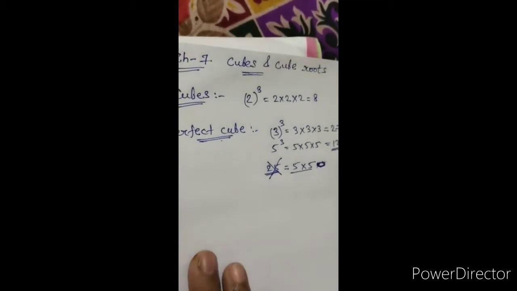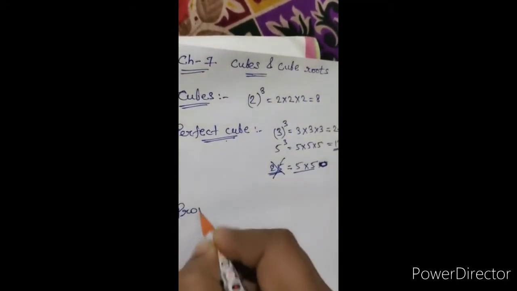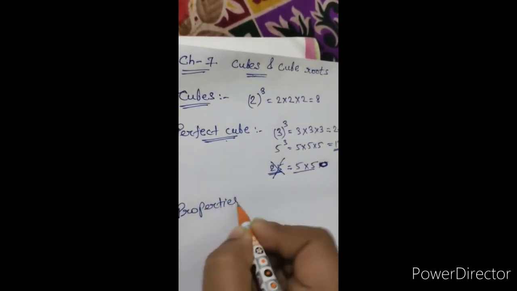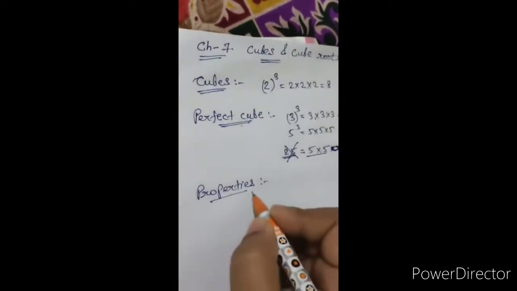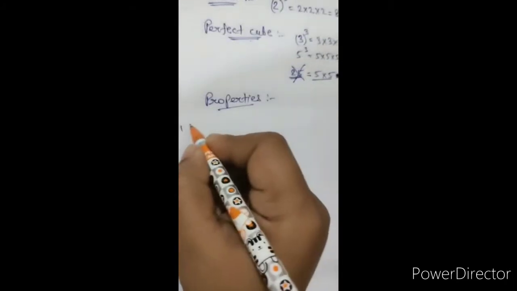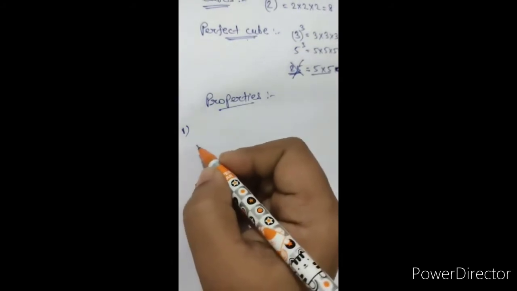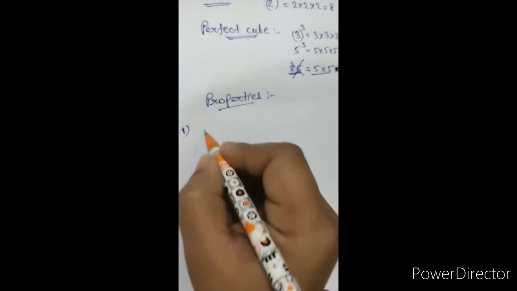Now we see some properties of cubes. First, the cube of an even natural number is even.